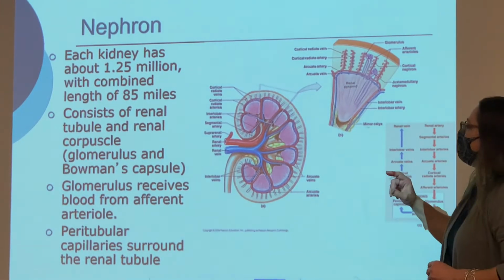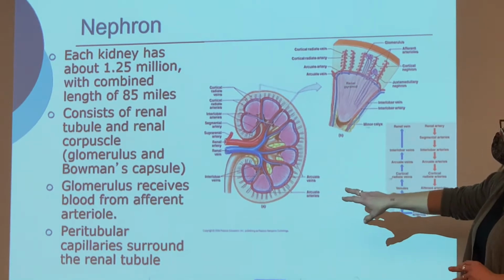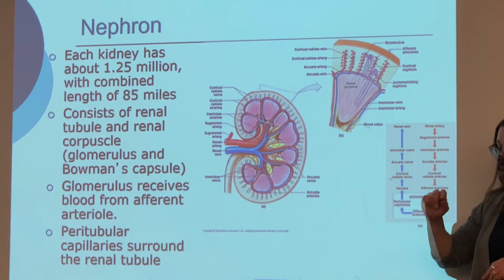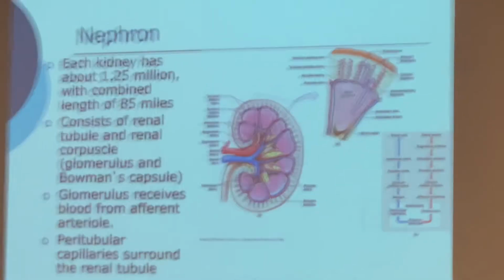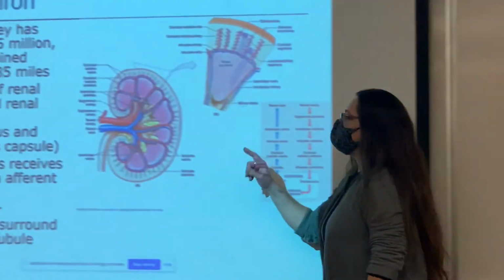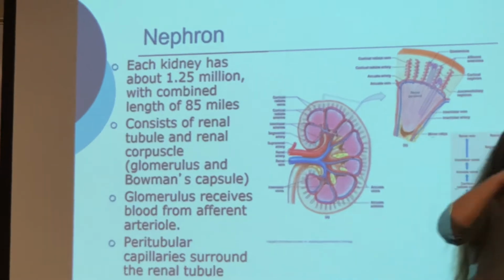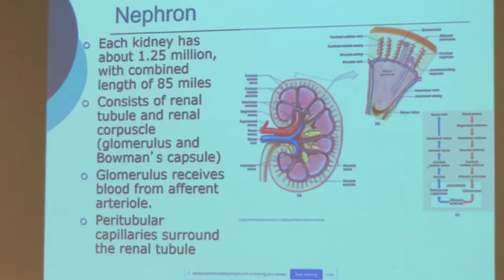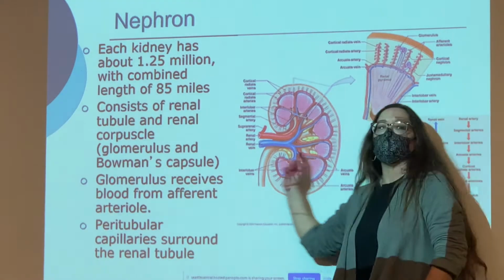85 miles of these little tubules that are all coiled up as part of a nephron in these kidneys. Okay. Now, I'm going to come back to this slide in a minute, but I'm going to put another slide on so we can look at this nephron. We're going to draw it out, and then we're going to come back to this slide and talk about how we get blood into the kidney, how we get blood down to the level of these nephrons, how blood leaves a nephron, and how blood leaves the kidney.